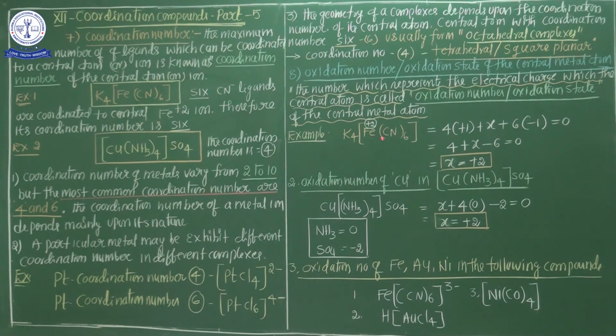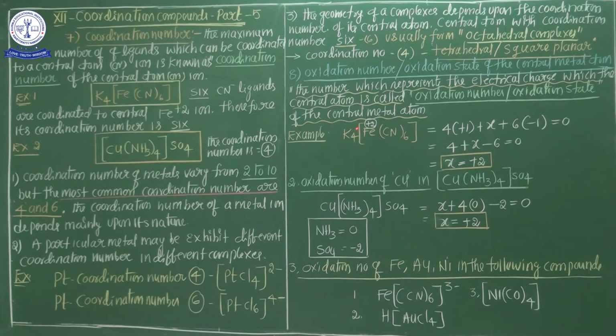Why is this equal to 0? This is a neutral complex compound. There is no net charge. So, listen carefully, in a neutral molecule the sum of the oxidation numbers of the individual atoms is equal to 0.